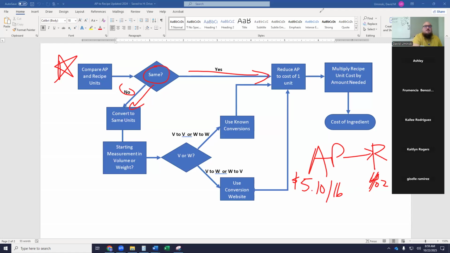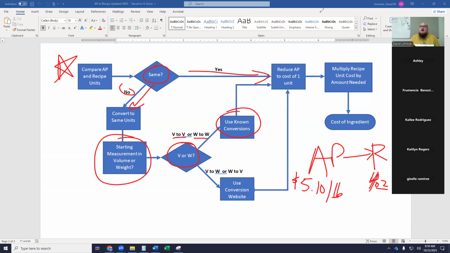Is the starting measurement in volume or weight? It's in weight, right? If it's volume to volume or weight to weight, we're going to use those known conversions. So this is weight to weight. I know that there's 16 ounces in a pound. That's a known conversion.